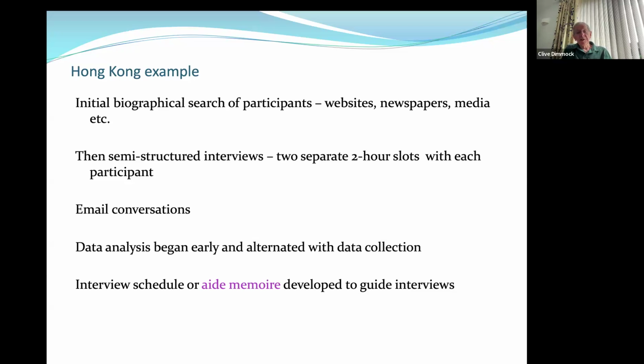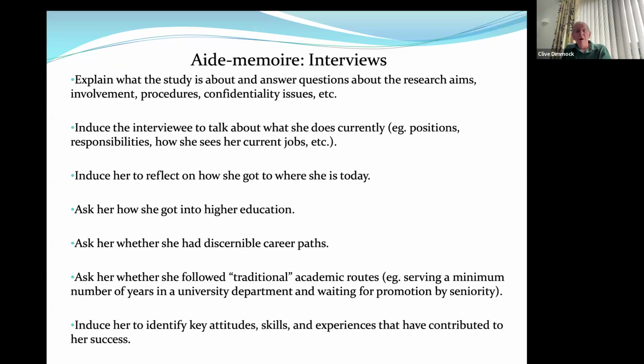Email conversations took place, and at each stage, data analysis began and alternated with the collection. To help with the interviews, she used an aide memoire, which is the interview guide. These are the sorts of issues that she came up with to guide her when she was interviewing and talking.